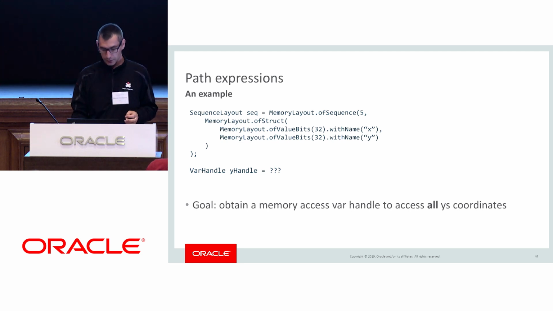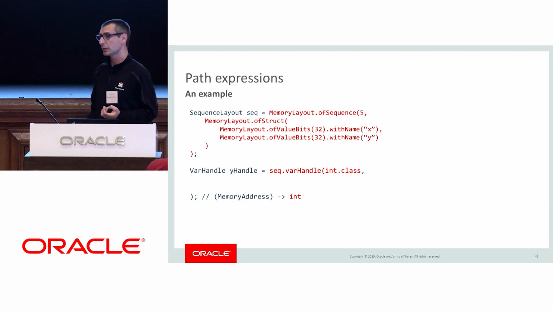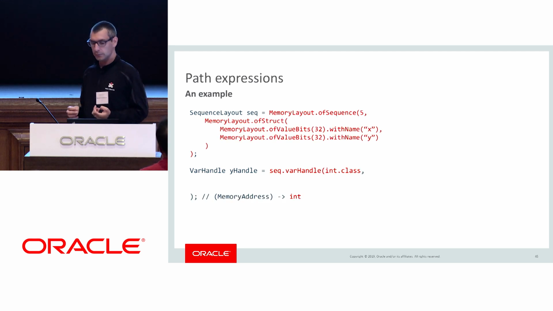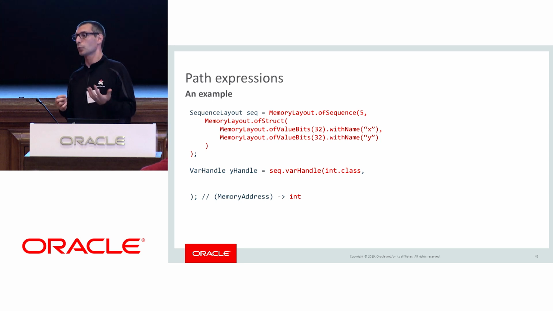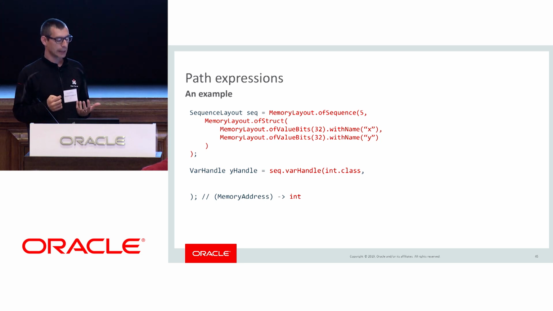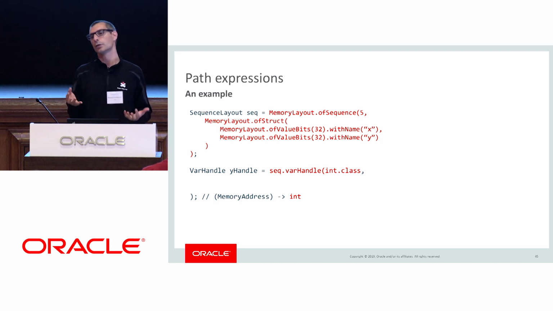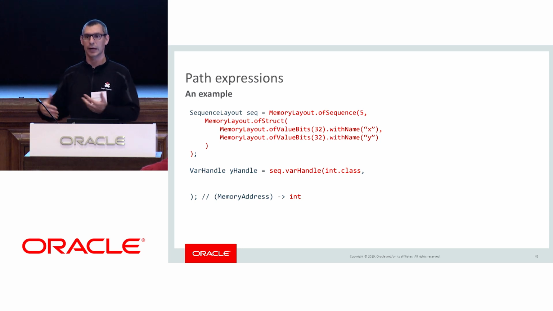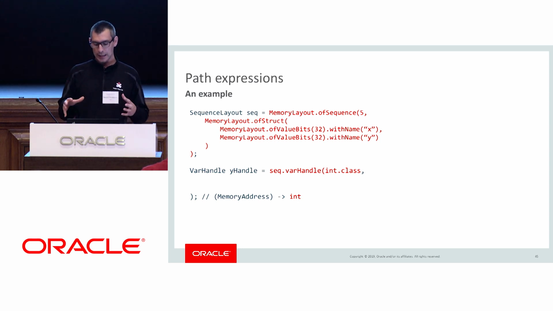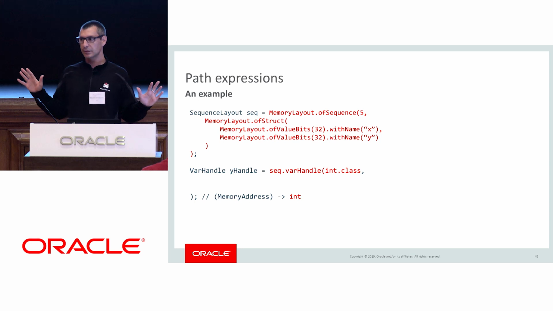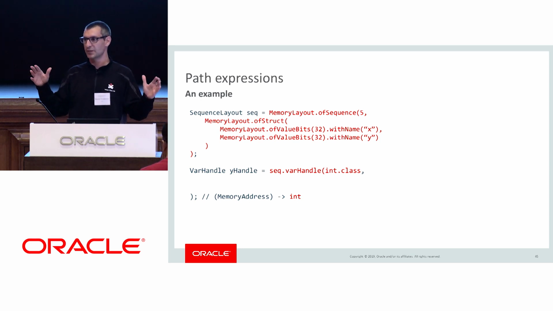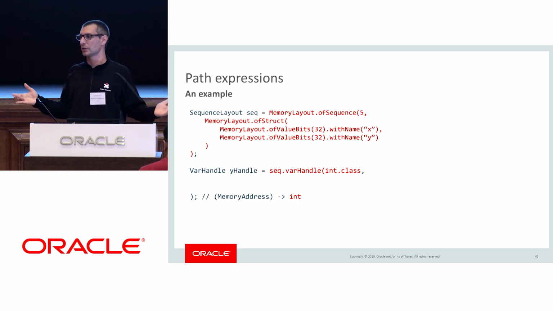The way to do that is, well, there is a handy method inside the layout API that is called variable. It takes a carrier type because we want to specify what is the carrier type of the variable. In this case, it's going to be int, so we know that the type of the variable is going to be int. And if I didn't do anything else, this variable will essentially select the entire sequence, and that's not valid. I know that I need to go to some leaf.